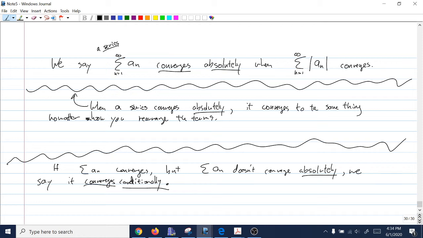Converges conditionally because it doesn't always converge. It converges depending on what order you put them in. If we're obsessed with the question, does the series converge? The answer is it converges in this order, but it won't always converge in every order.